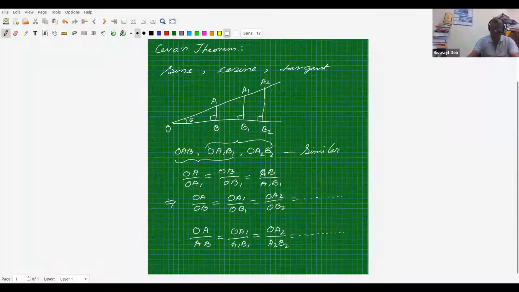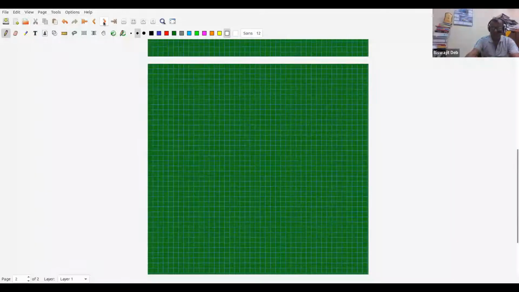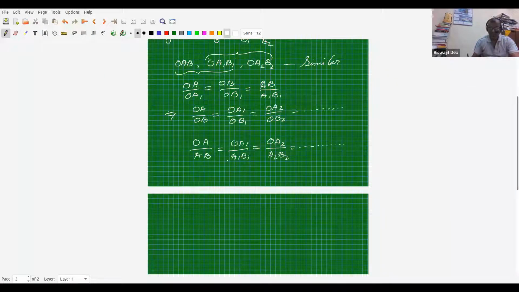Another ratio that we can form is OB by AB, equal to OB1 by A1B1, equal to OB2 by A2B2. All these are going to be equal.